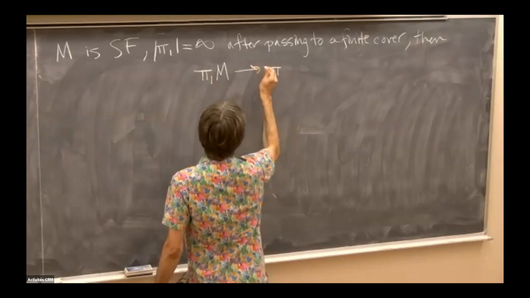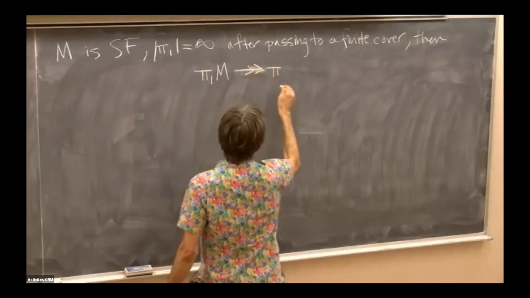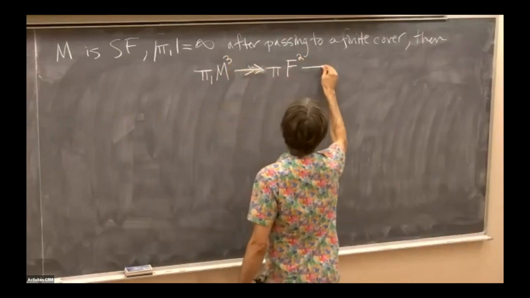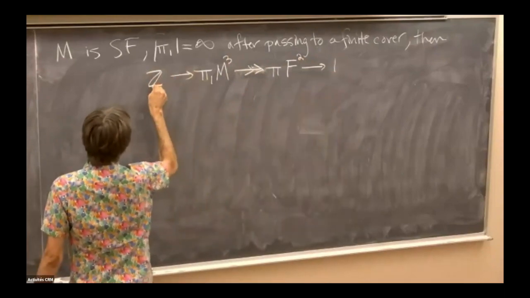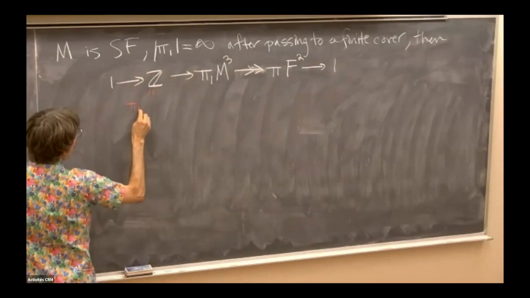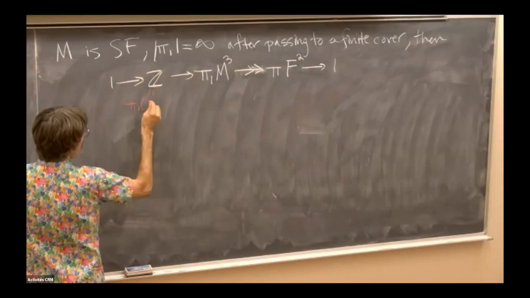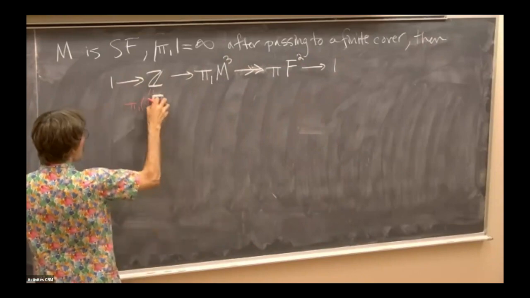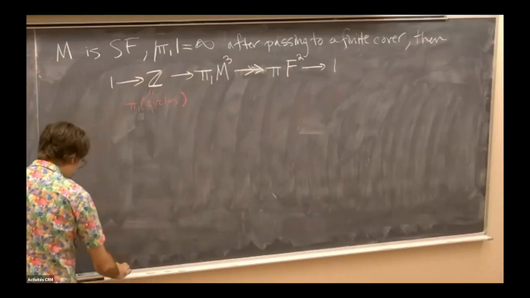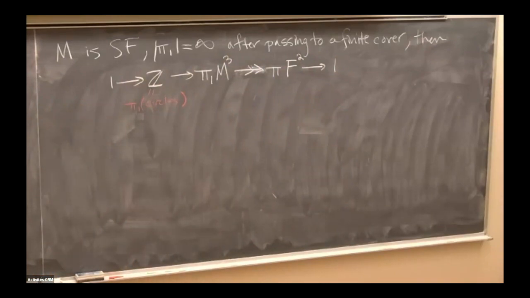It's in an exact sequence. This is the surface, the 3-manifold, and this is pi one of the circle fibers. After passing through a finite cover, any Seifert-fibered space is really just something like this.